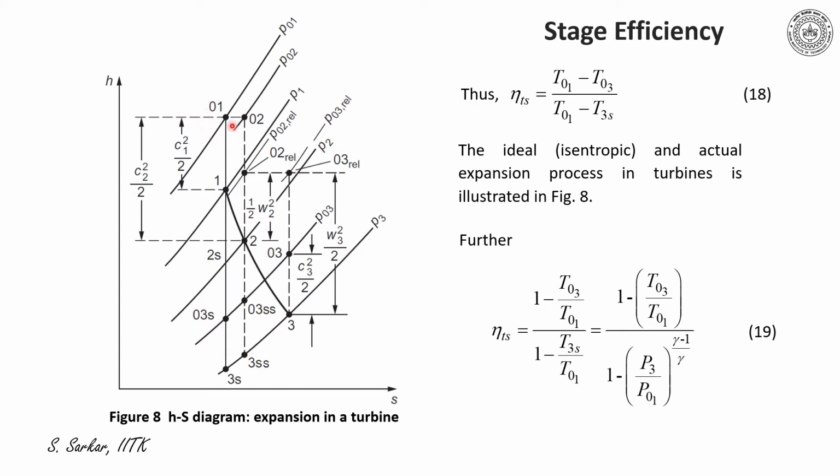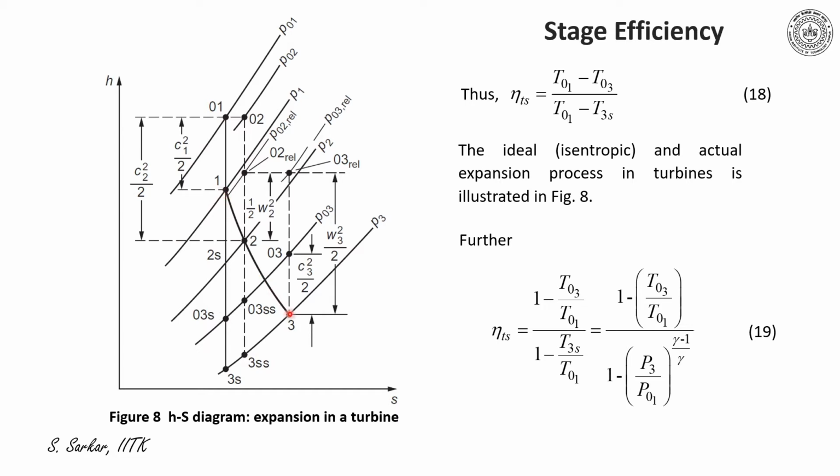So 01 is the state point at inlet to the nozzle. Thus, if I subtract from H01 C1 squared by 2, I'll get H1 and hence P1, which is the static pressure at entry to the nozzle.